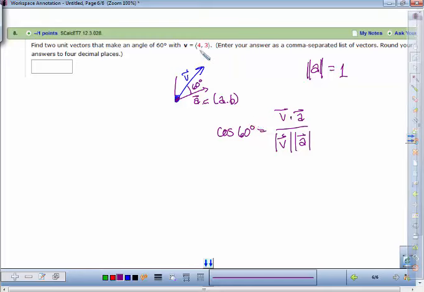So V is equal to 4, 3. A is equal to A, B. And so we have 4A plus 3B is equal to, and then whatever the magnitude of this is, 12 and 9, not 12, 16 and 9, 25.